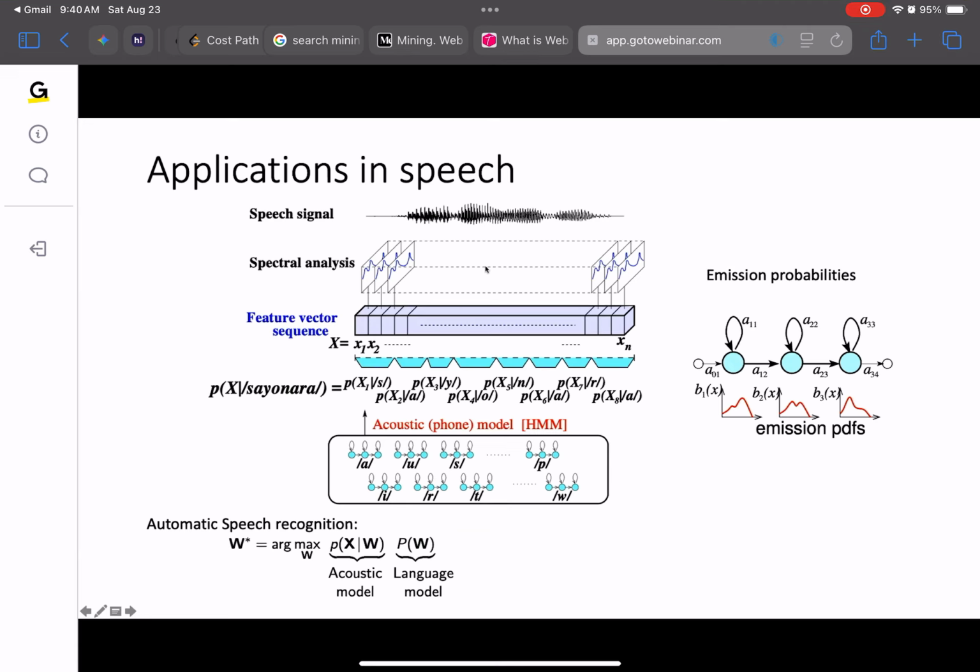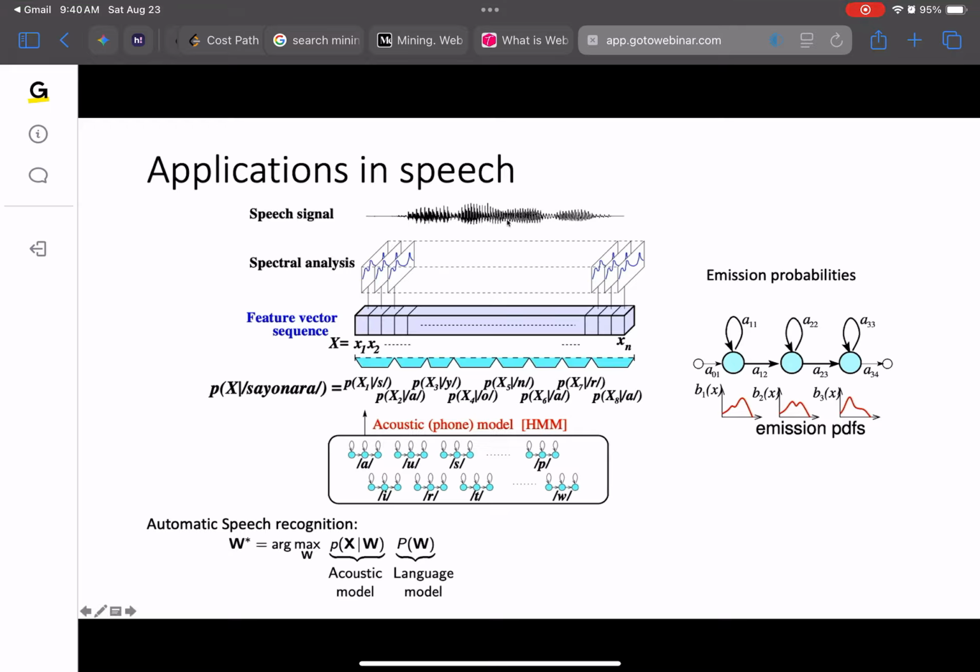The same modeling approach holds for applications in speech like automatic speech recognition and text-to-speech synthesis. The difference is that in the POS tagging problem, the observations are in discrete space, and it is modeled using a probability mass function, while in ASR or speech applications, the observations are in continuous space.